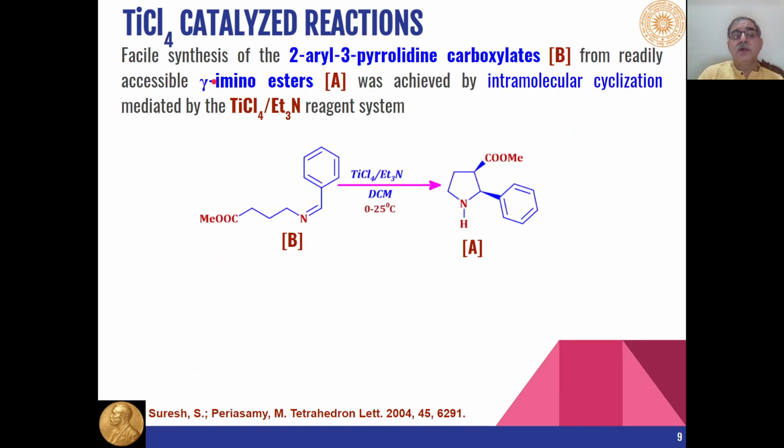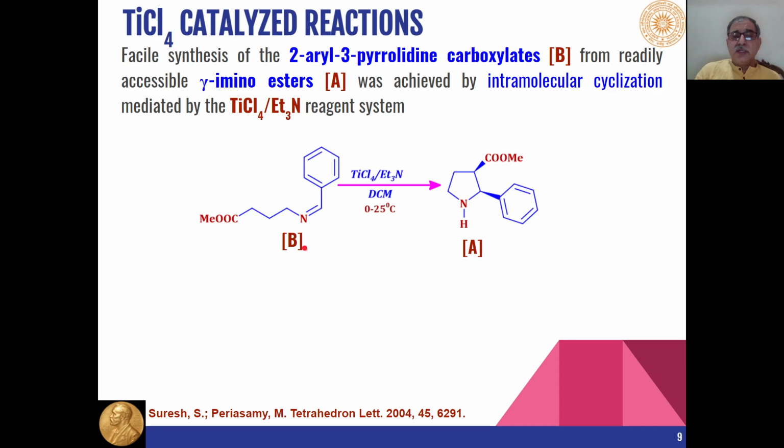Then gamma amino esters like this can be synthesized from the cyclization of these types of Schiff bases, or these will undergo intramolecular cyclization in the presence of TiCl4 triethylamine to give us these types of pyrrolidine carboxylates as the product.